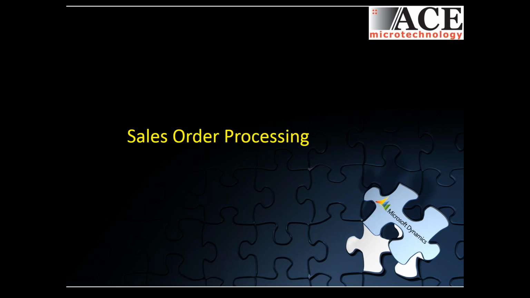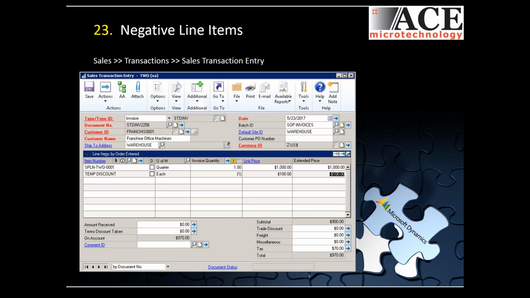Sales order processing. For those of you using the SOP modules, one of the things that you may not realize is that you can actually have negative lines inside of a sales entry window. The key to getting this to work is to always make your quantity negative and keep your unit price positive.